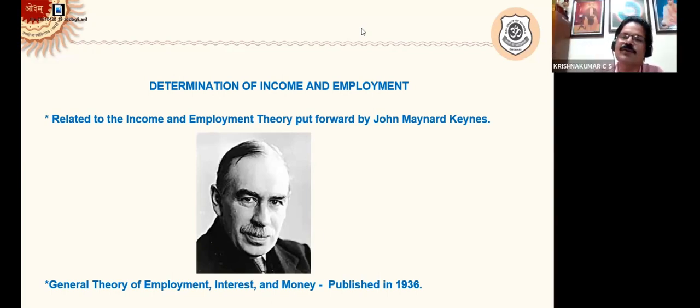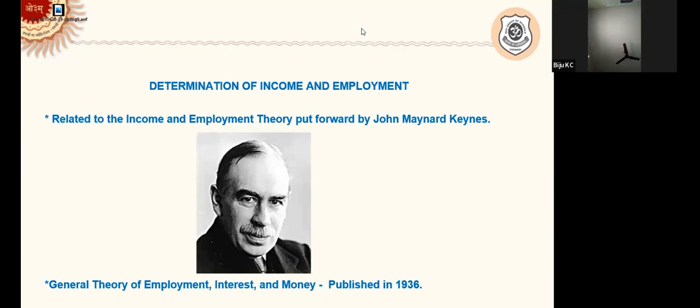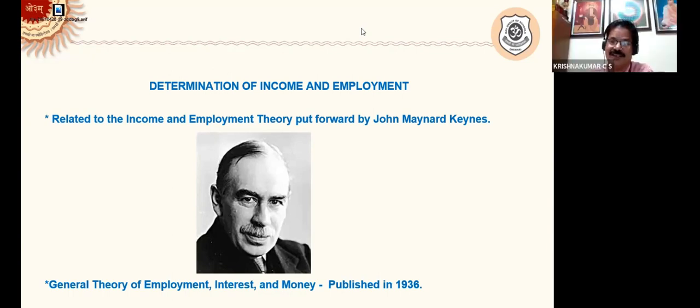Unemployment became severe. Poverty became severe. One thing you have to understand, overproduction led to poverty. It's a paradoxical situation. Actually, less production should lead to poverty, but here overproduction led to poverty. So this is how the Great Depression started.